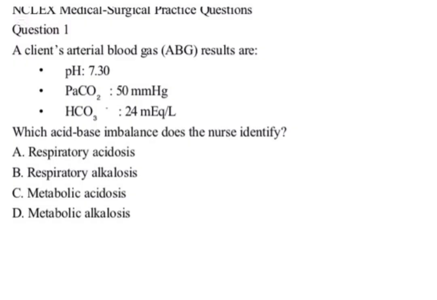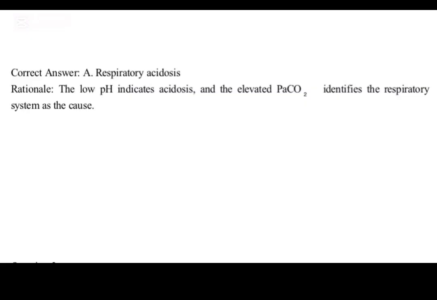A. Respiratory acidosis. B. Respiratory alkalosis. C. Metabolic acidosis. D. Metabolic alkalosis. Correct answer, A. Respiratory acidosis. Rationale: the low pH indicates acidosis, and the elevated PaCO2 identifies the respiratory system as the cause.